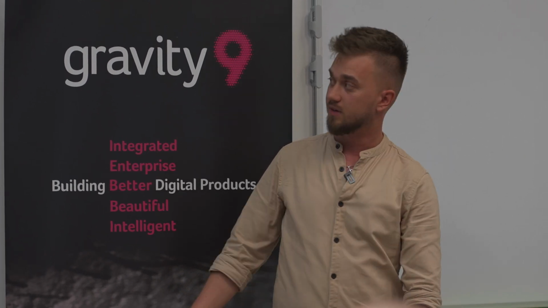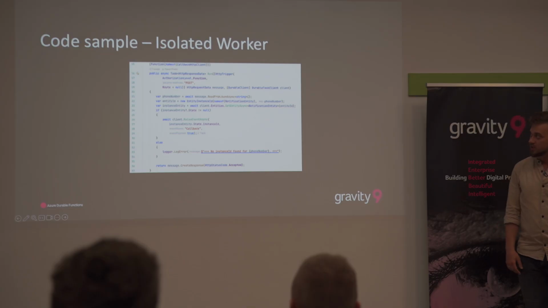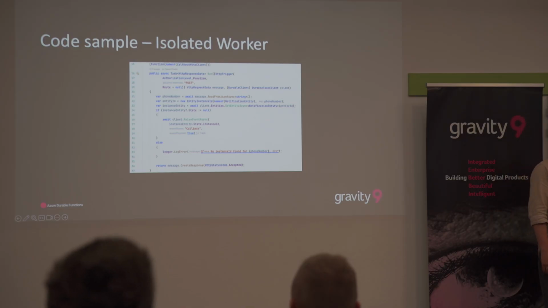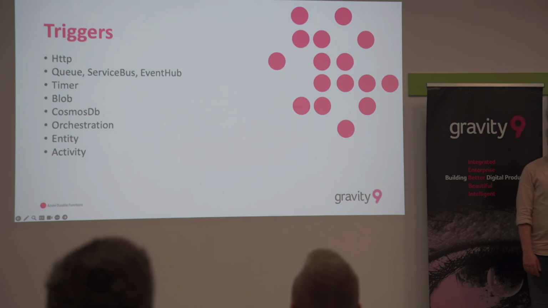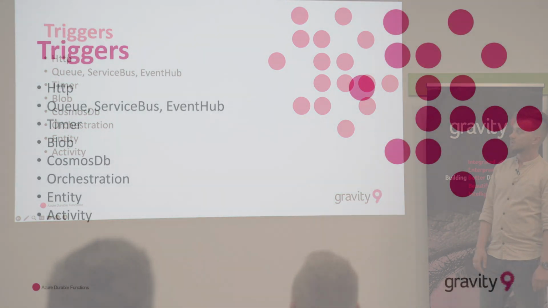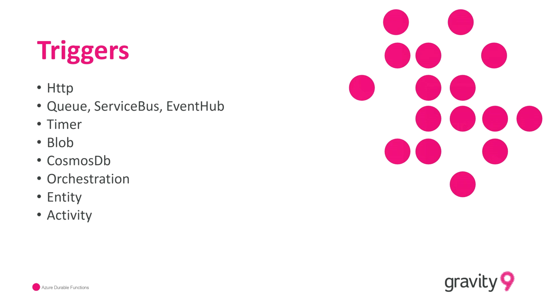But I mentioned HTTP trigger many times, so maybe I will just get to the point where we talk about triggers. The triggers in Azure Functions allow you to run your function based on different inputs. So we have the HTTP trigger, as mentioned, which is, of course, a standard HTTP request. We have queue, service bus, event hub, which are listeners to different types of messaging systems.